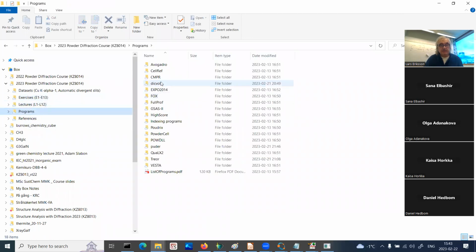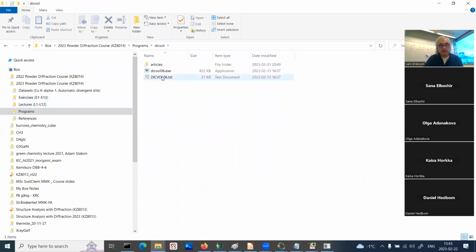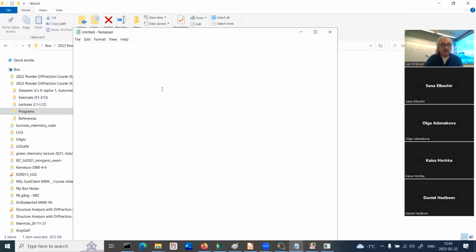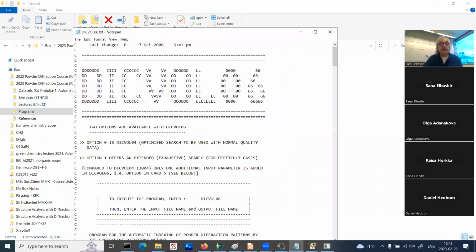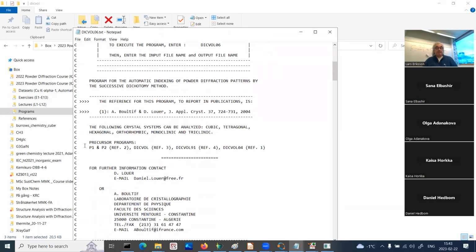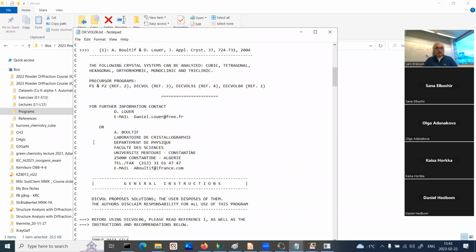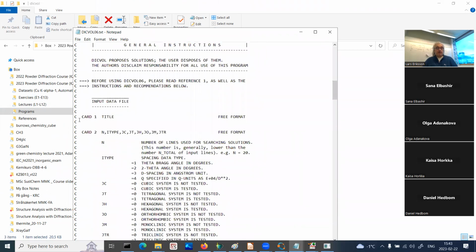programs and this DICVOL06.txt, which is also a comment list from Fortran, but it's only 6 pages long. So for each, now let's see, for card 1 should be the title.